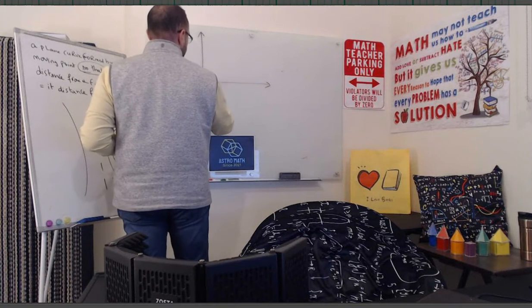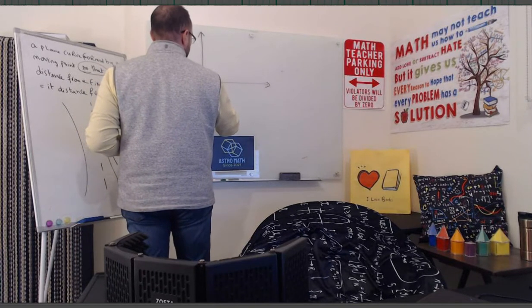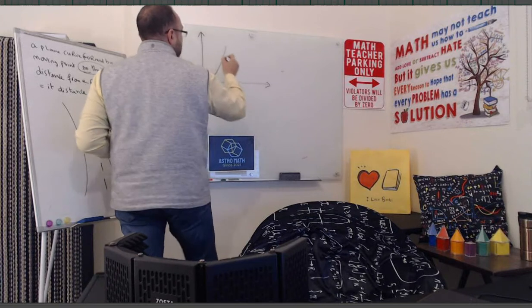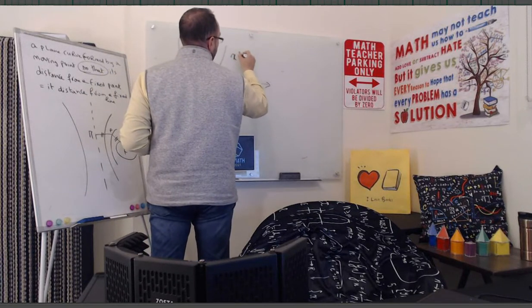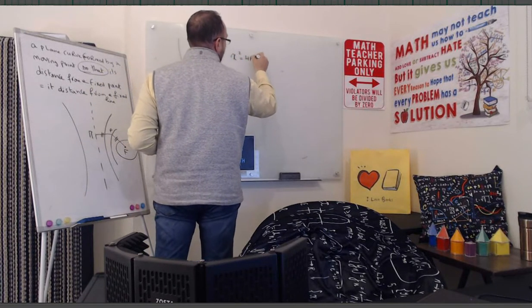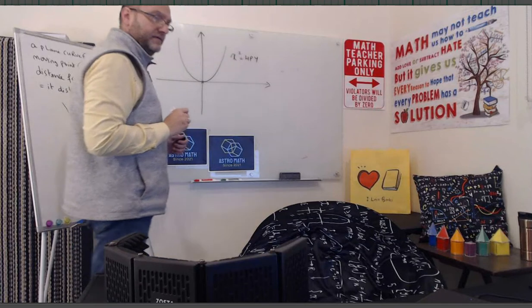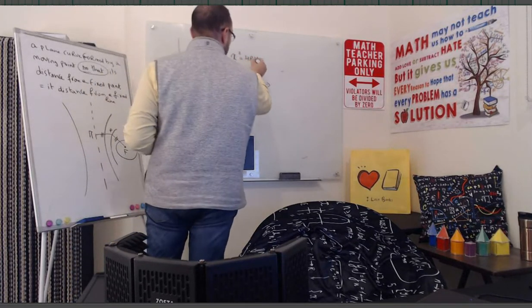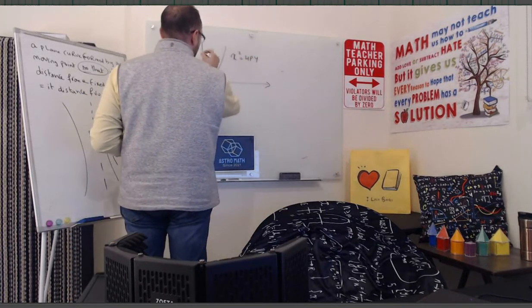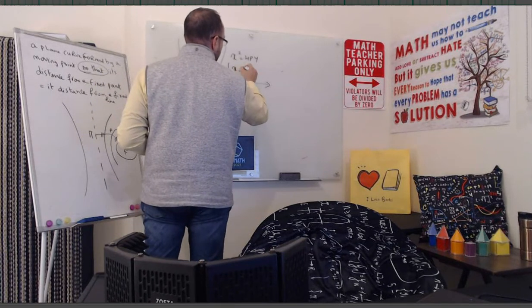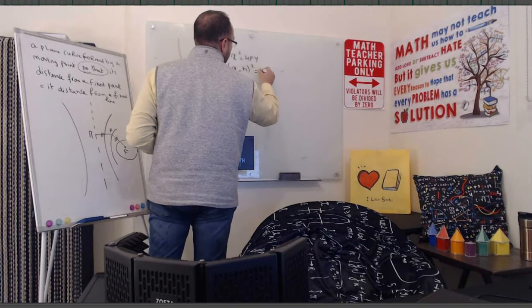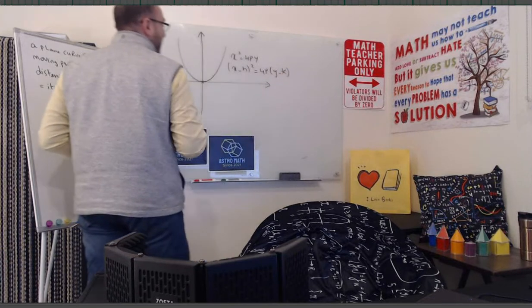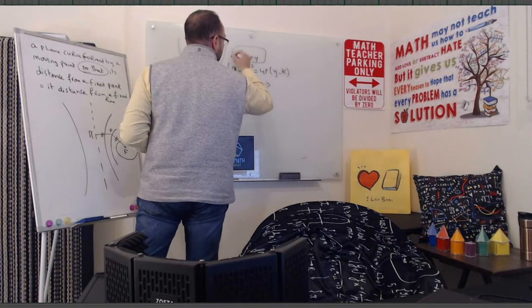If we take the vertex at (0, 0), you've seen this written as x squared equals 4py, okay? Right? Open your books, open your textbooks. You see that, 4py. Now, if it's shifted up, you get it like this, (x minus h) squared equals 4p(y minus k), okay? I'm just making it easy to show you the 4.